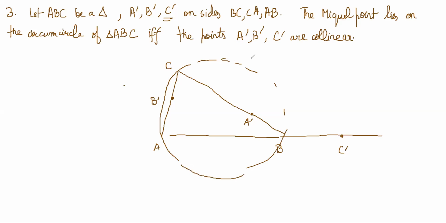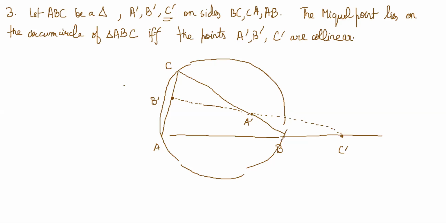Circumcircle of triangle ABC, and Miquel point lies on it. That means one of the circles for the Miquel point was this triangle. One of the triangles was this triangle.